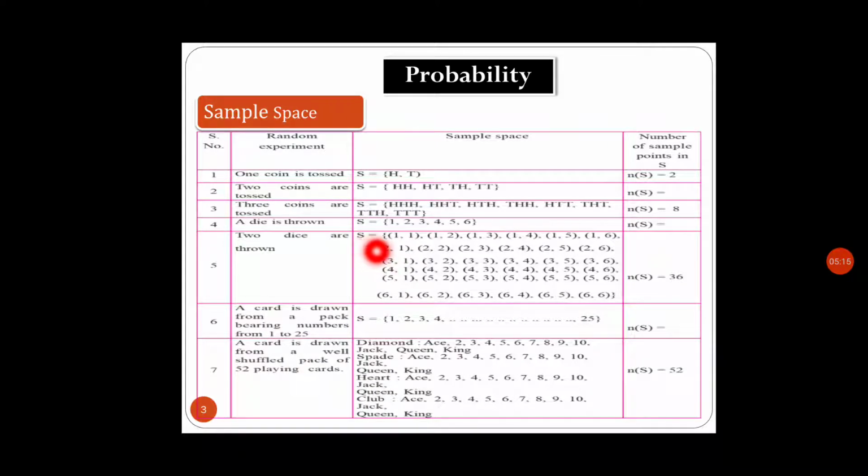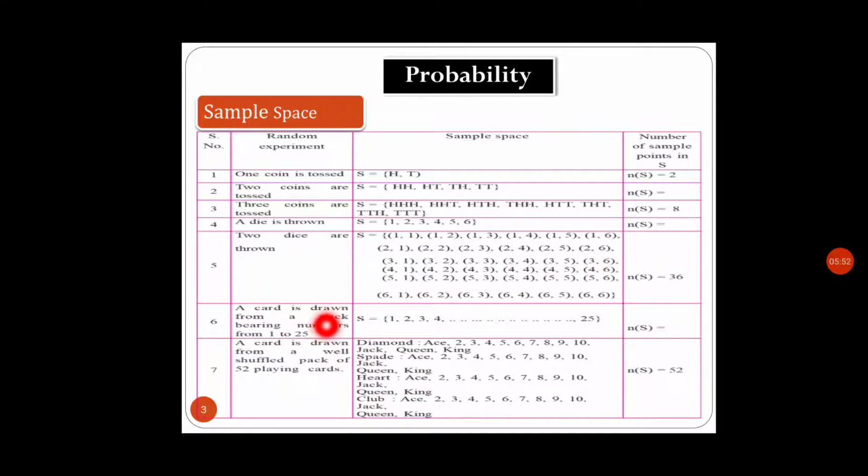S is equal to {11, 12, 13, 14, 15, 16, 21 up to 26, 31 up to 36, 41 up to 46, 51 up to 56, and 61 up to 66}. Then n(S) is 6 into 6, that is 36. The total number of sample points of this sample space is 36.